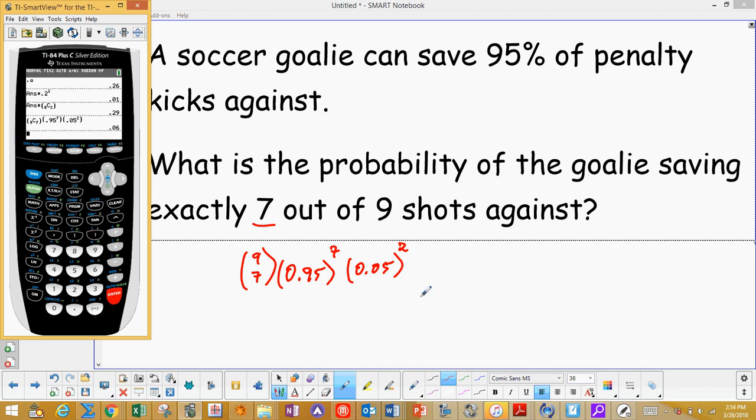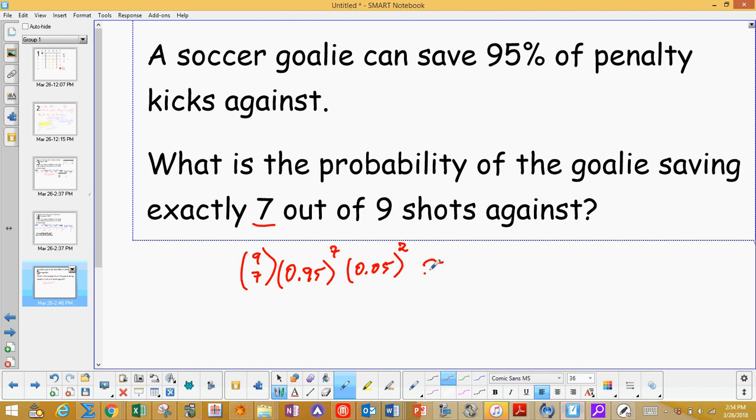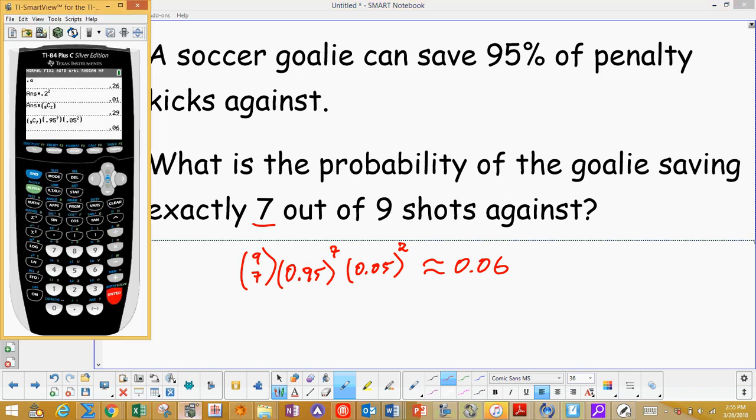I always overuse parentheses. Press enter, and it's 0.06. So there's a 6% chance that the goalie will stop 7 out of 9, and that might seem low, but if you think about it, you know what, let's do it. You can always stop the video, you know.